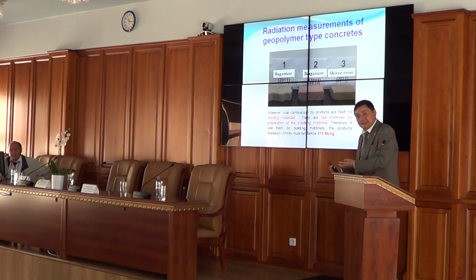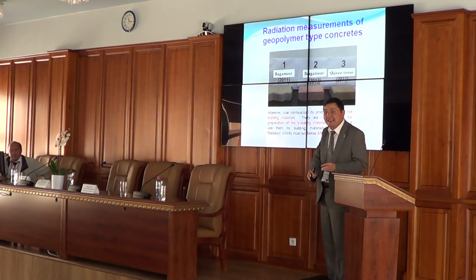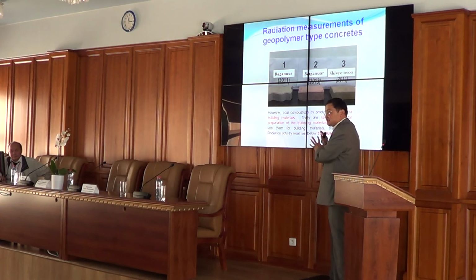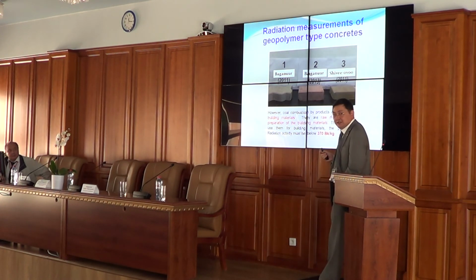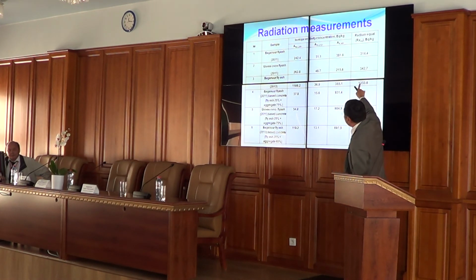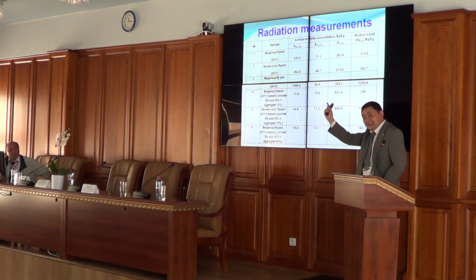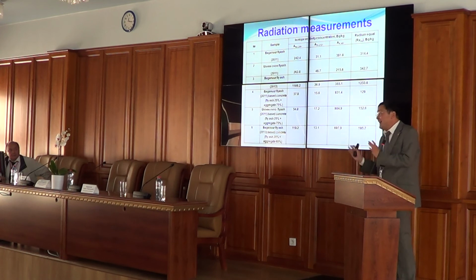So we dilute it, for instance, for making concrete, with aggregate. 70–80% aggregate is added, which has a very low radiation value. So finally the radiation is much lower than in fly ash alone. The radiation of fly ash we cannot control.